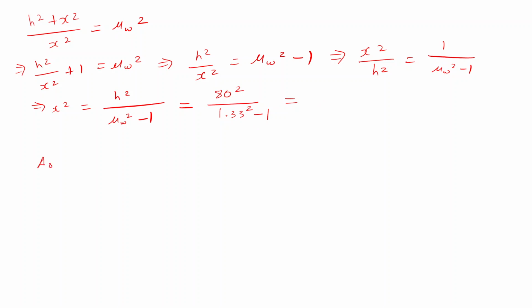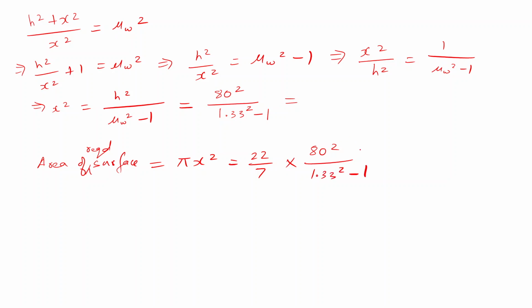Now for the area of the required surface, for our question, it will be pi X square, pi 22/7, and X square is this value, 80 square divided by 1.33 square minus 1, and we'll solve. Let me solve this. This will be 80 multiplied by 80.